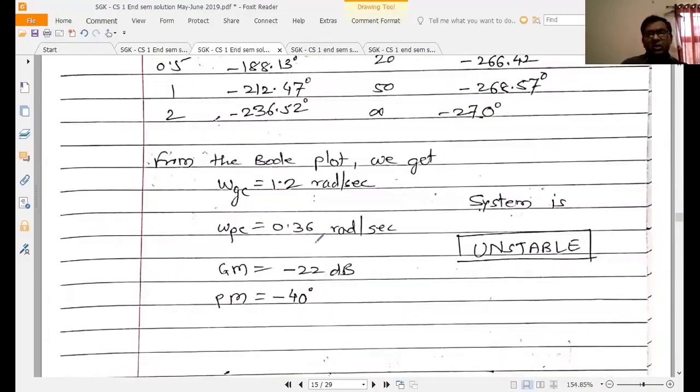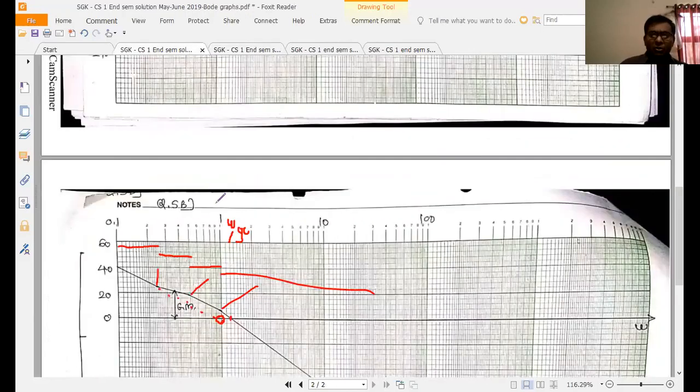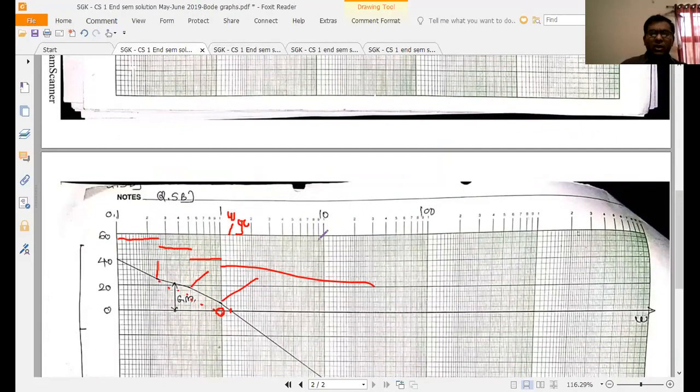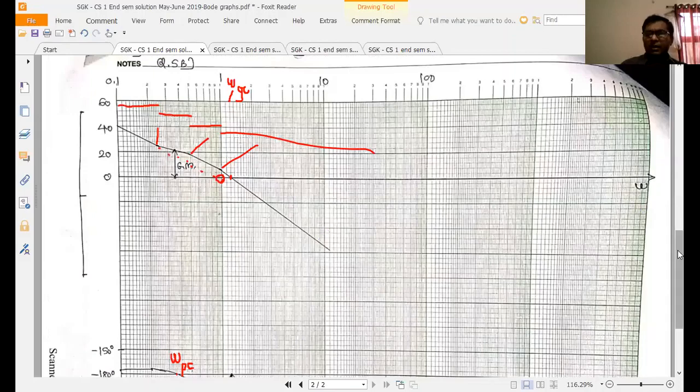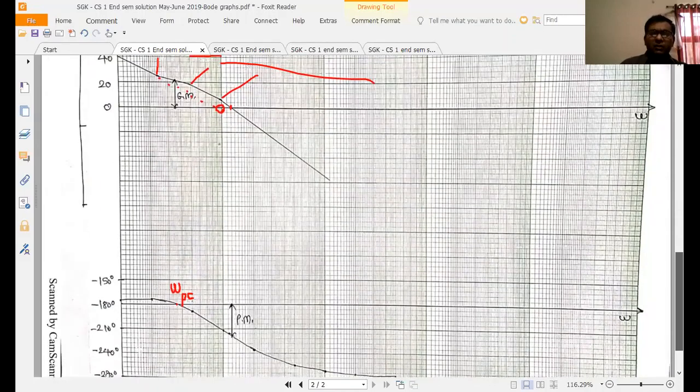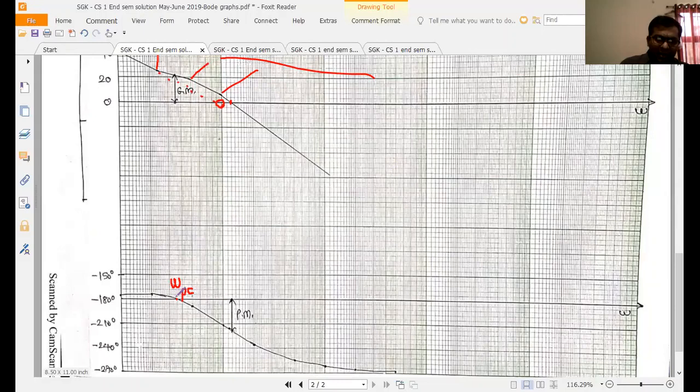So I have taken 0.36 here. At these values we have to find out our gain margin and phase margin. How do we find gain margin and phase margin? At the gain crossover, whatever the phase is, its gap from minus 180, and at the phase crossover, whatever the gain is, its gap from 0 dB. You will have to count those values from the graph and write them down.